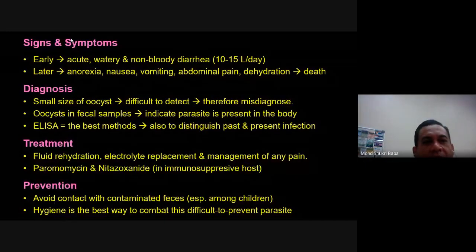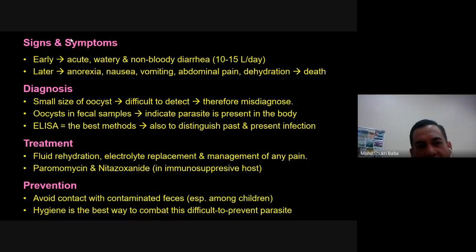Later, you might also have anorexia, nausea, vomiting, abdominal pain, and dehydration, and because of severe dehydration, it might lead to death. Diagnosis: the small size of the oocyst makes it very difficult to detect, so misdiagnosis can happen.